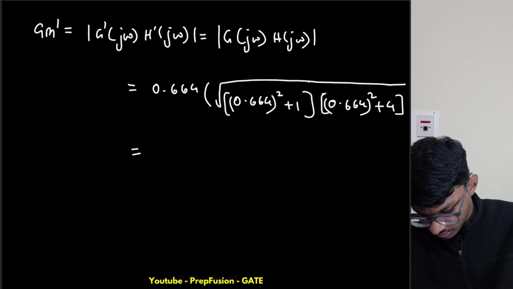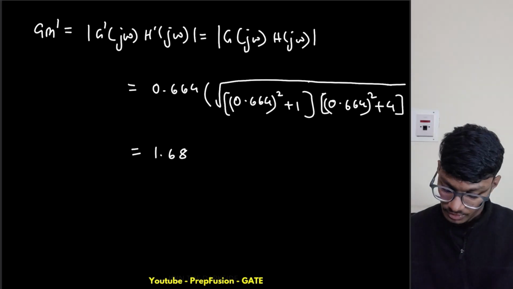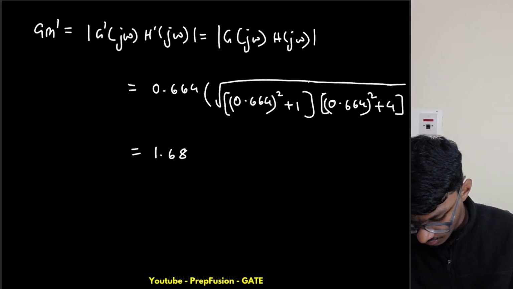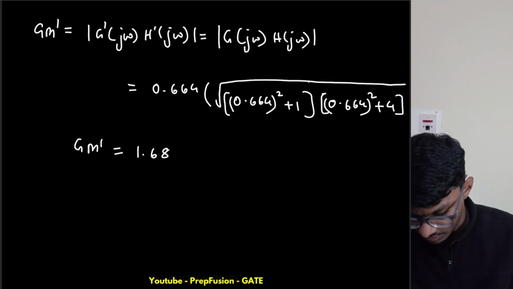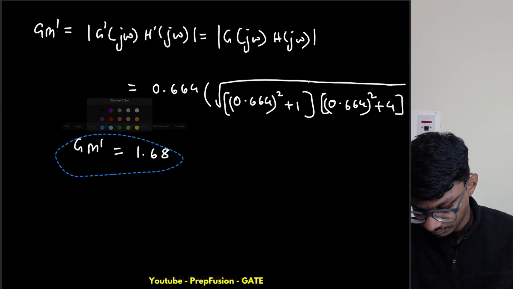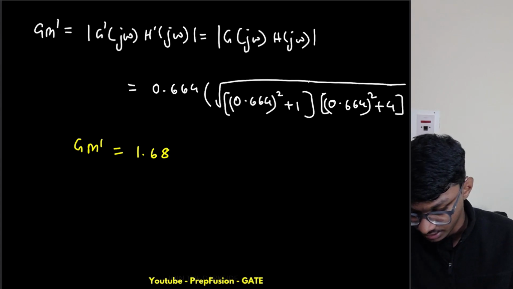So this is 1.68. This is GM dash basically.